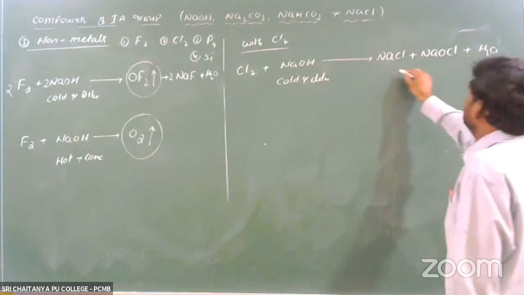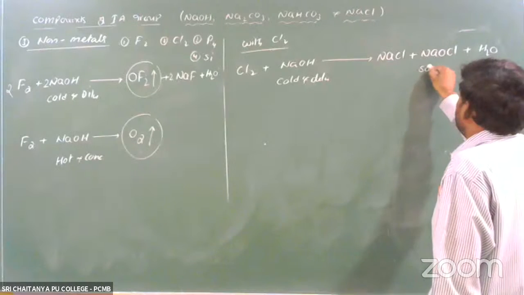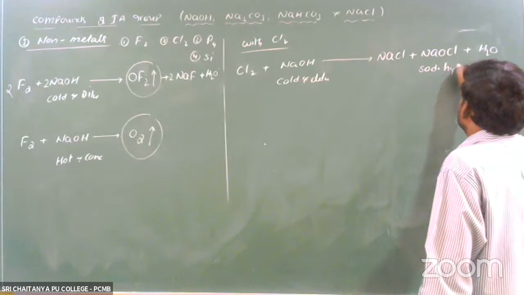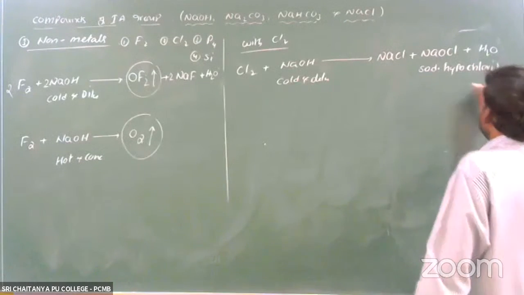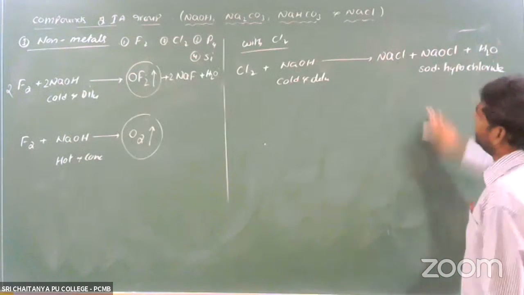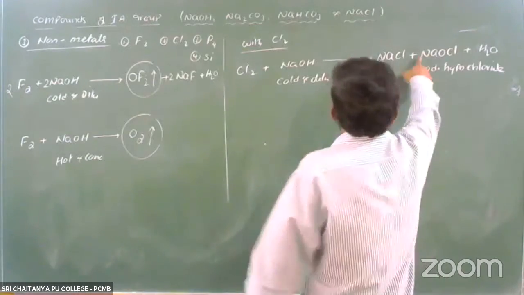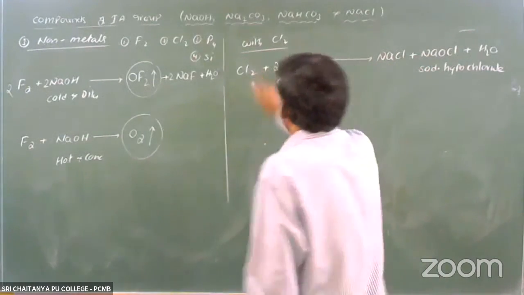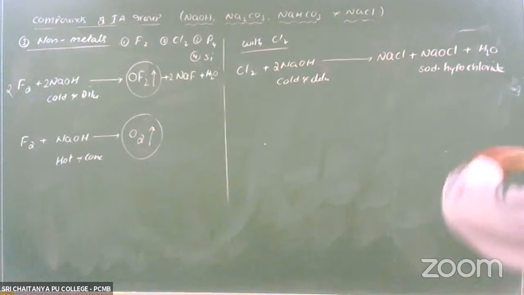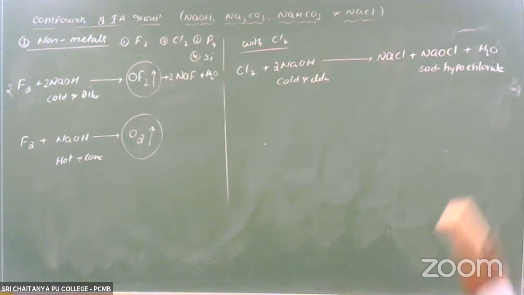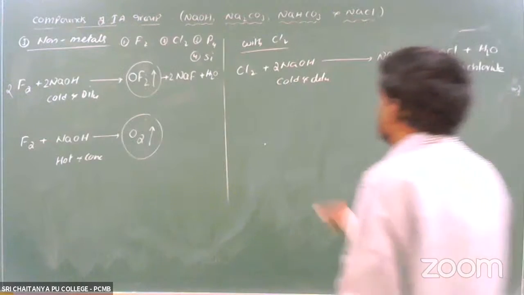It is called sodium hypochlorite, Na+ and OCl-. Number of sodium atoms 2. So 1 mole of chlorine reacts with 2 moles of NaOH. It forms 1 mole of NaCl, 1 mole of NaOCl and 1 mole of water.